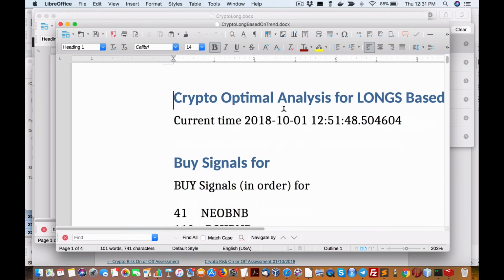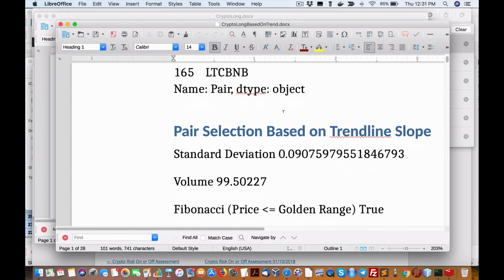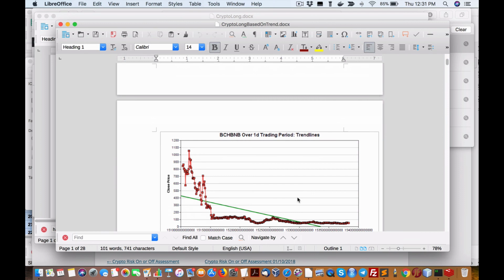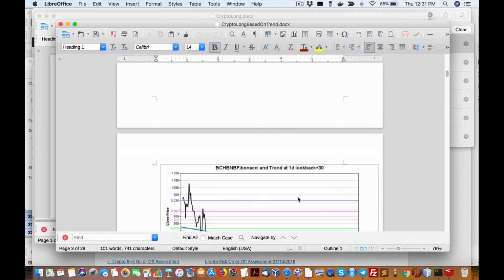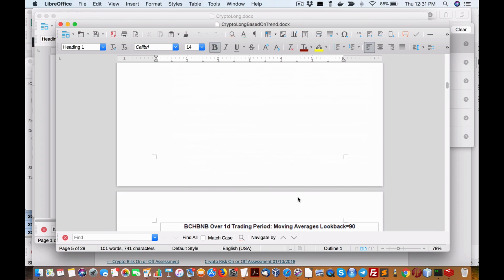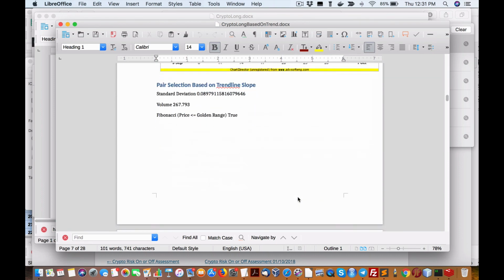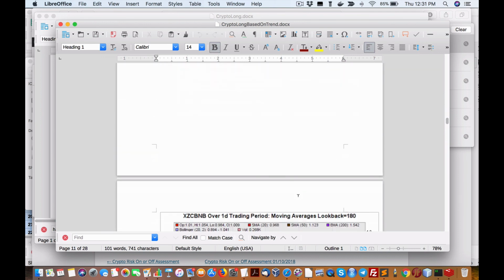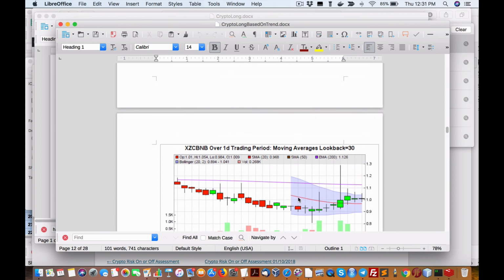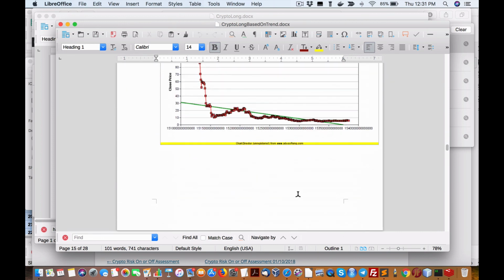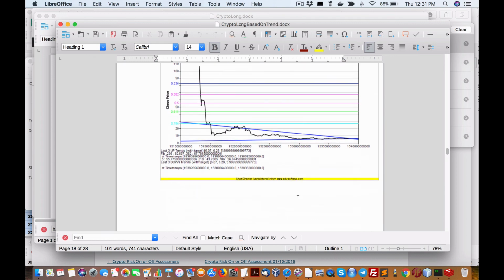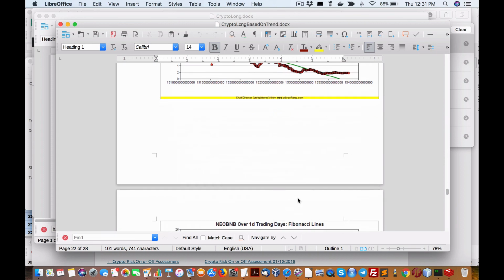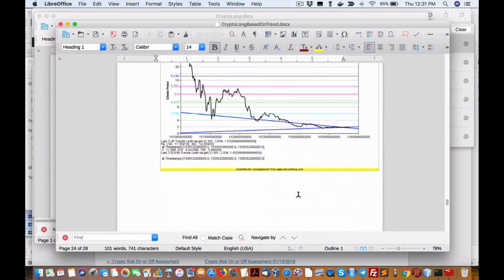Okay, so let's see. We have 5 pairs. Everything stays the same. All right, pair selection. It's really the harmonics and the head and shoulders that are very classic to find, to make it more convincing.